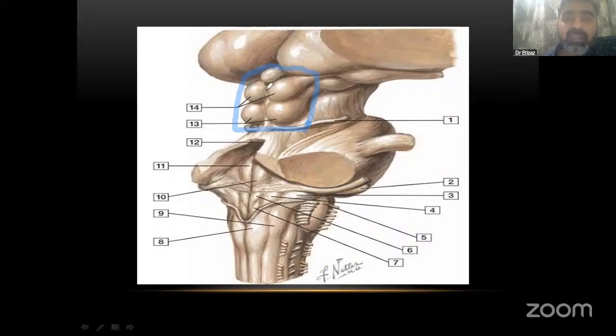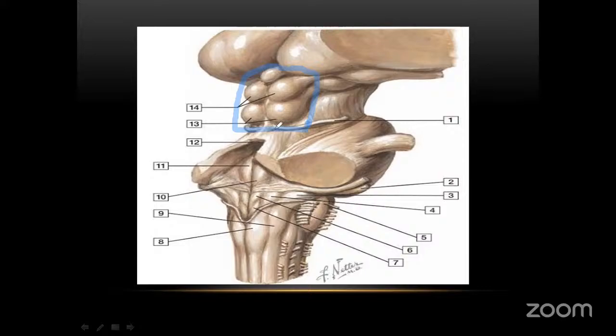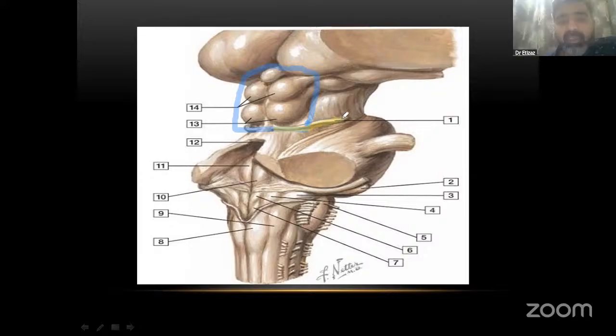Excellent. Behind this one, one of the most important structures is in the sulcus area of the pontomesencephalic circle, this nerve. Which nerve is this? The trochlear nerve.